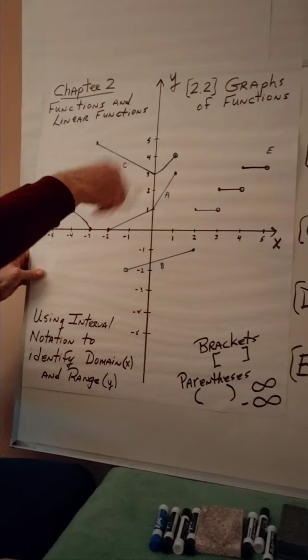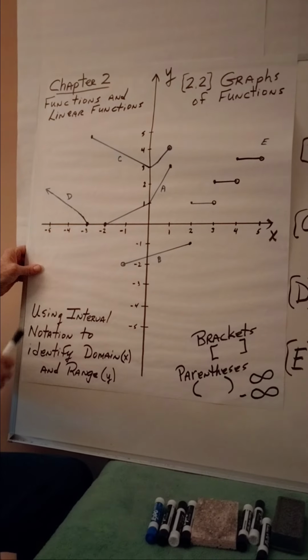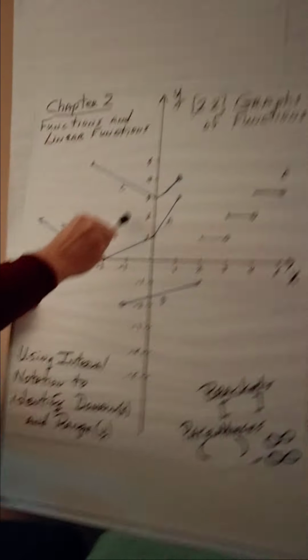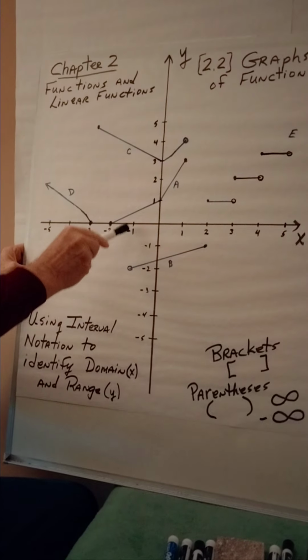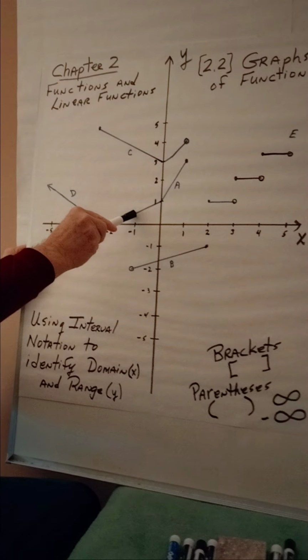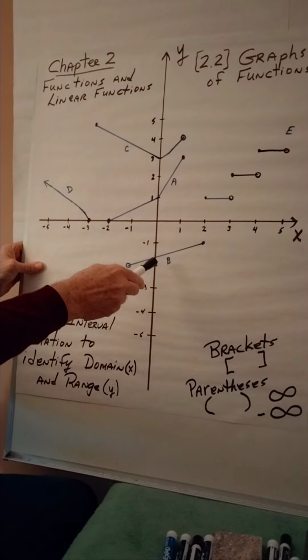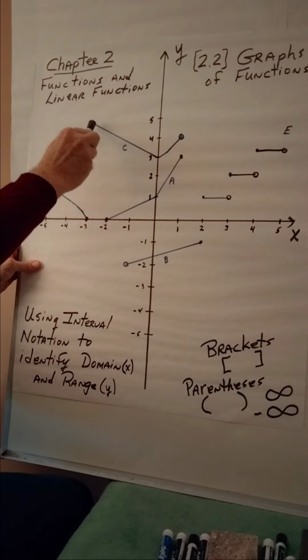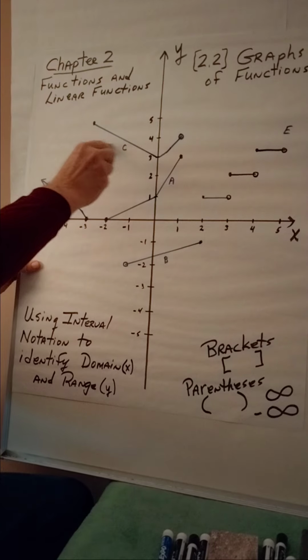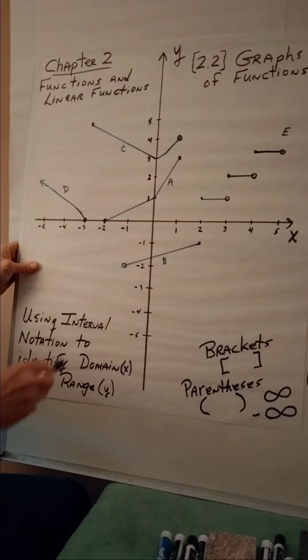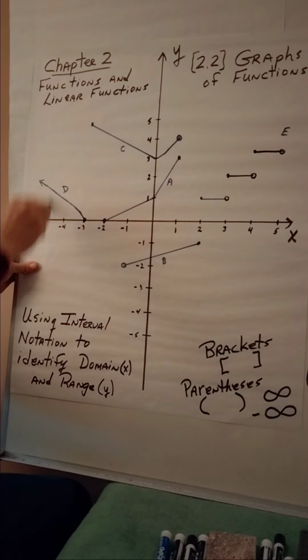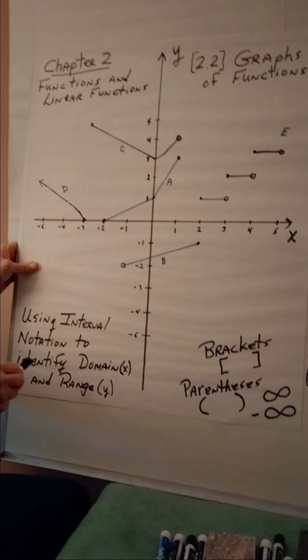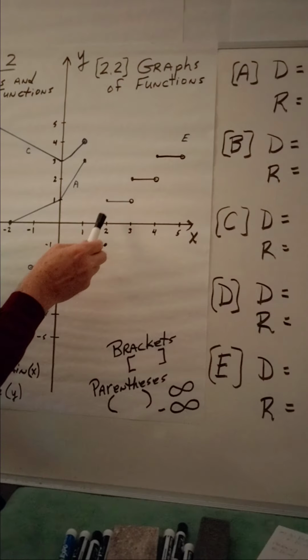I'm not going to draw vertical lines. I'll just do it with my pen. Letter A, vertical line. It only intersected that graph at exactly 1 point. B, 1 point. C, doesn't matter where you put the vertical line, 1 point. D, 1 point. And even E.